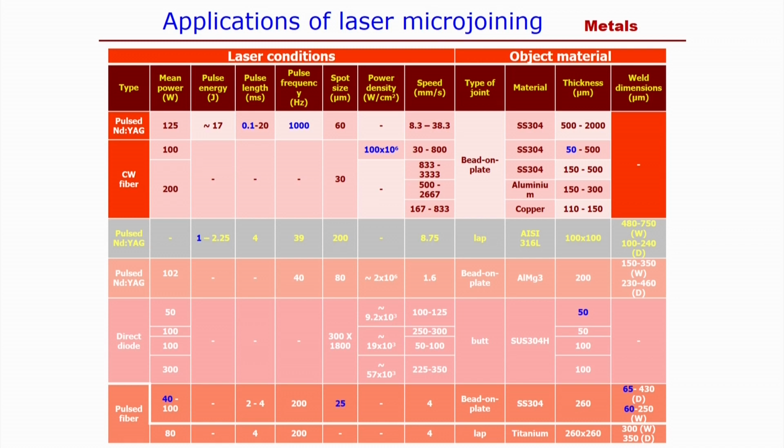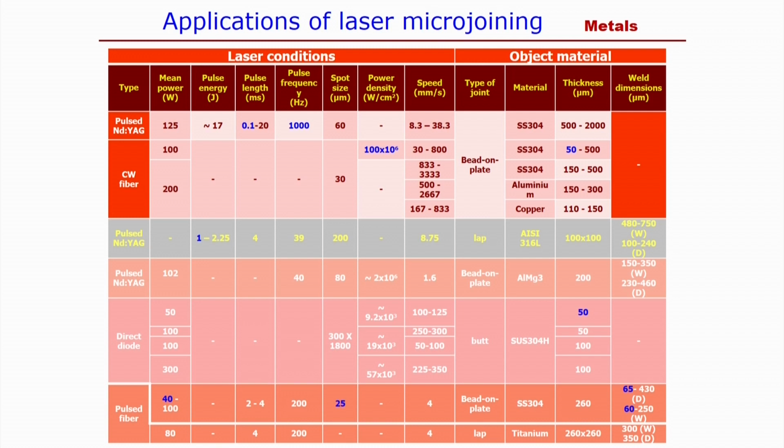Here, you see the power density reaches a maximum of 100 times 10 to the power 6 watt per centimeter square, probably around the formation of the keyhole, and that comes from the continuous wave fiber laser. Normally bead on plate welding, lap joining and butt joining types of welding joints have been performed using different types of lasers on different materials: stainless steel, aluminum, copper and titanium.